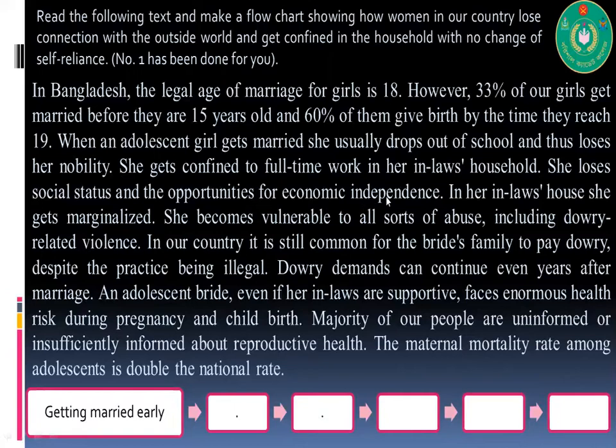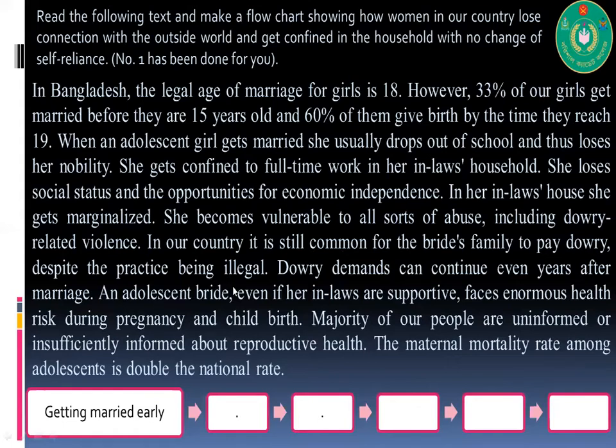In her in-laws' house, she gets marginalized. She becomes vulnerable to all sorts of abuse, including dowry-related violence. In our country, it's still common for the bride's family to pay dowry despite the practice being illegal. Dowry demands can continue even after years of marriage.